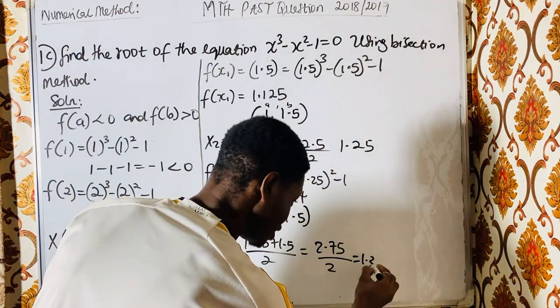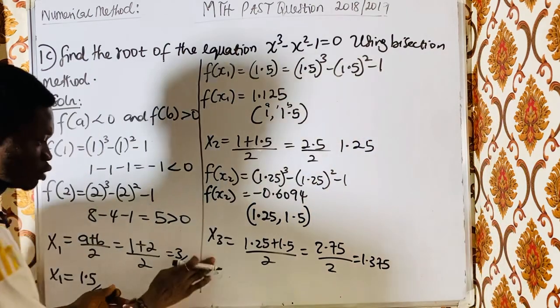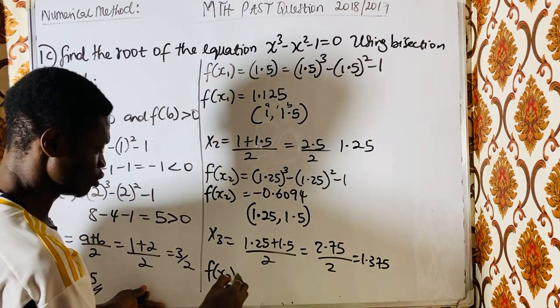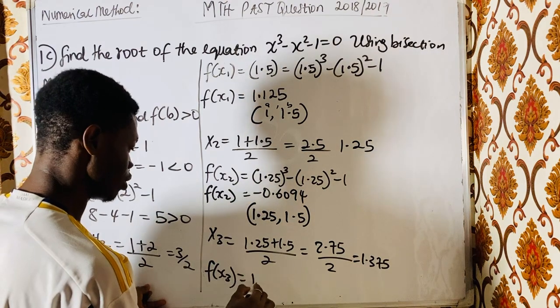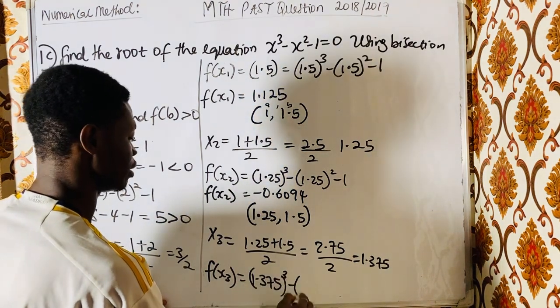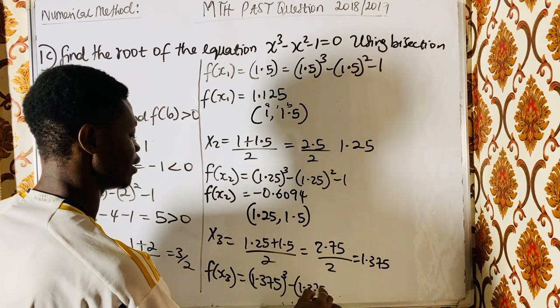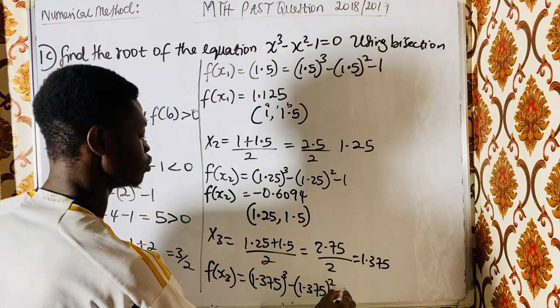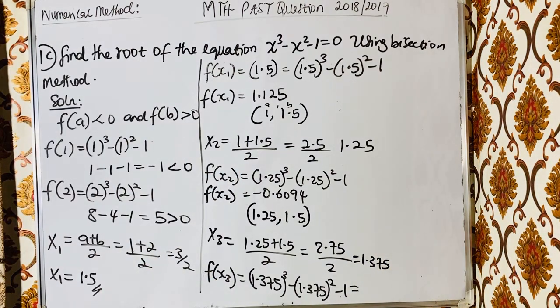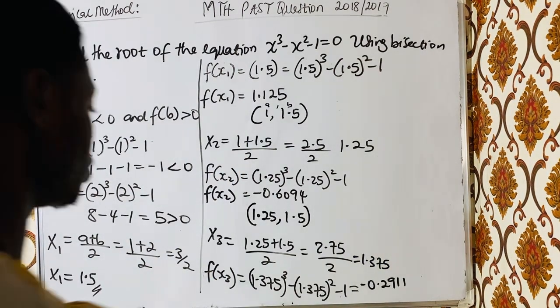2.75 divided by 2 gives x3 to be 1.375. Now we look for f of x3, which is 1.375 to the power of 3 minus 1.375 to the power of 2 minus 1. If you do it well, this is the answer.